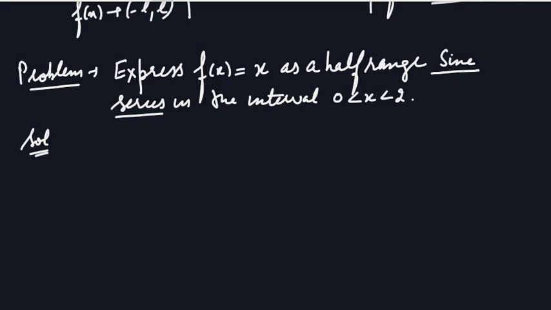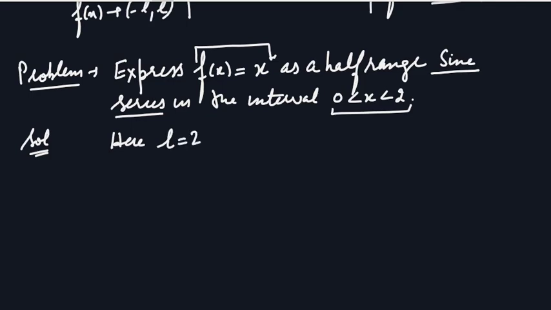Even if you verify here the nature of f of x, this is given to be an odd function, and it is asked that I should write it as a sine series. When I need to write it as a sine series, I firstly need to calculate the value of L. Here the interval is 0 to L in general, and here it is given to be 0 to 2. So what is the value of L here?